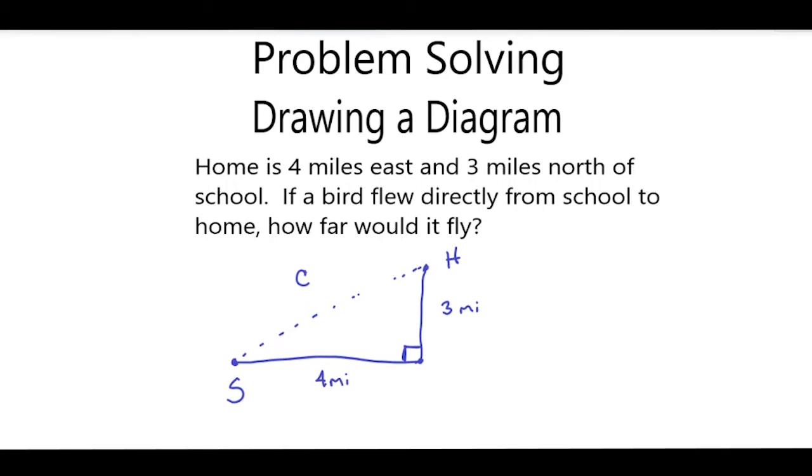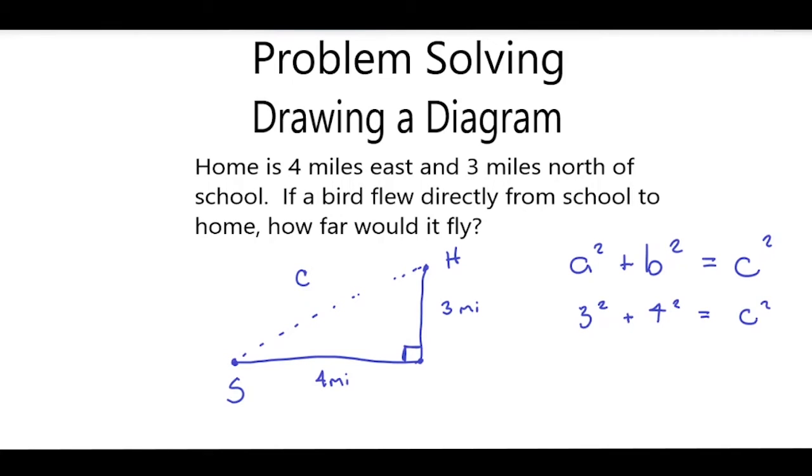Well, it's a right triangle, and we can use the Pythagorean theorem to solve this, which is a squared plus b squared equals c squared. Okay? Well, remember, we're going to call a the short leg of the triangle, so we'll say that is 3 squared plus the longer leg of the triangle, which is 4, and we're going to square that, equals c squared.